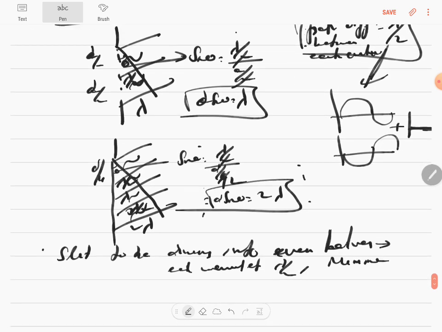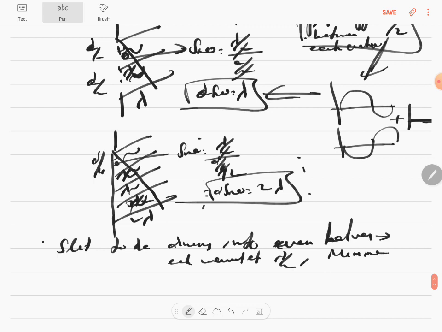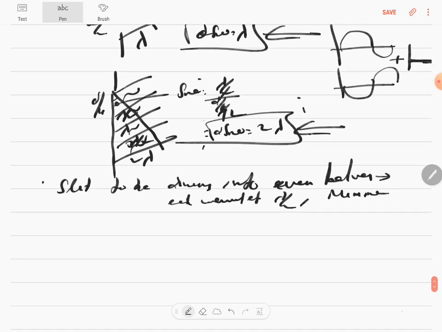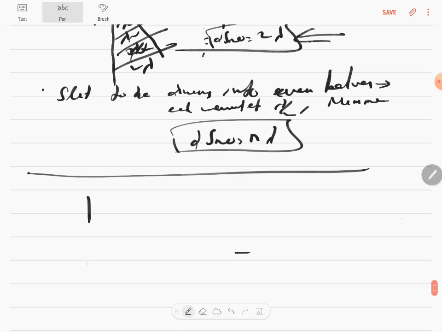So I've explained the condition for minimum to be d sin theta is equal to 1 lambda, d sin theta is equal to 2 lambda, d sin theta is equal to 3 lambda. So d sin theta is equal to n lambda, considering that there are n even halves. Now consider the slit to be divided into odd halves.